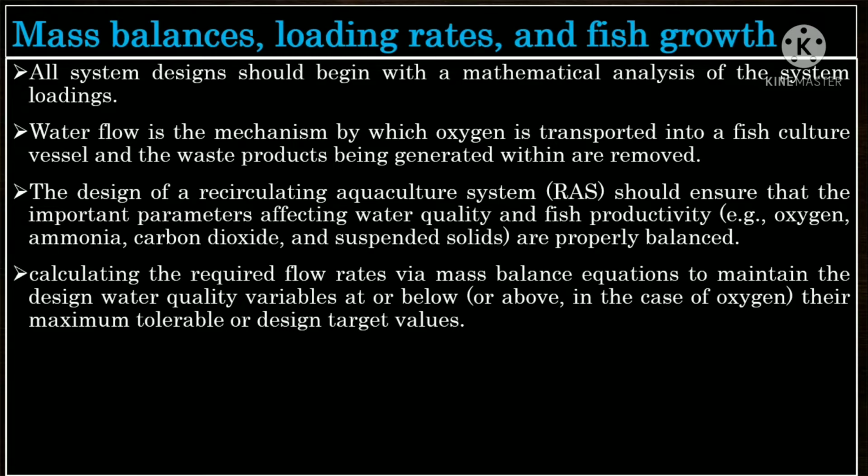So the maximum flow rate used to maintain the constraining water quality parameter will be higher than necessary for the others, which simply means these water quality parameters will be at better values than the design target.